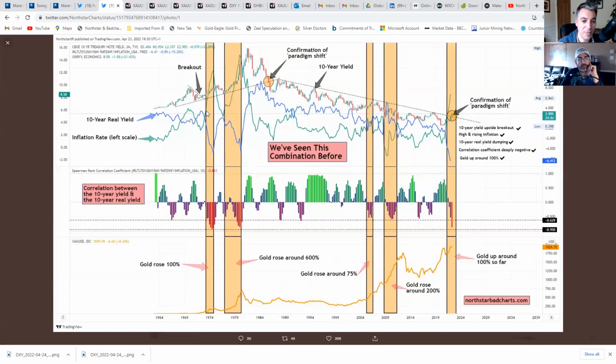It's the speed and the violence of the move that is significant, and that's shown by just how low these red bars go. I've marked a dotted line on here which shows where history shows that the negative correlation tends to reverse.